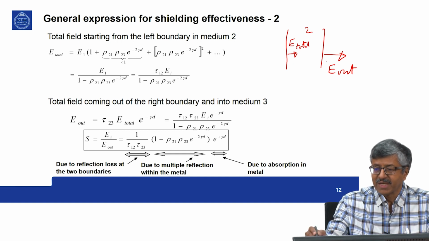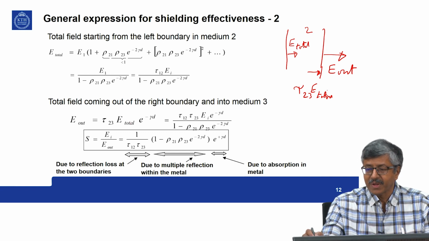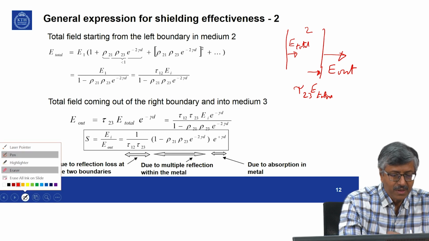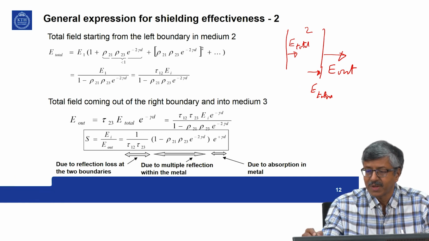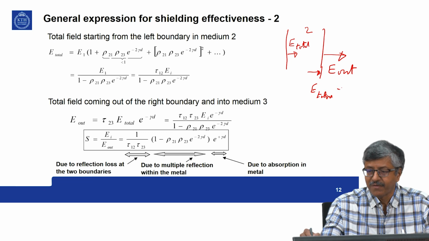E total is traveling in this direction, and by the time it reaches this boundary, it is E total e to the power of minus gamma d.